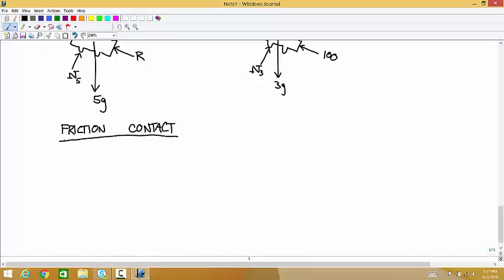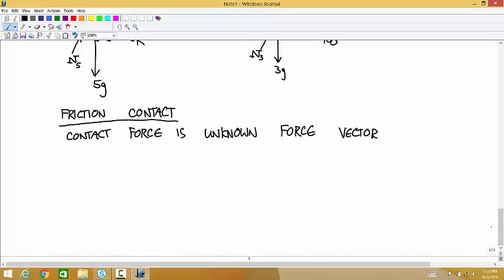We're not even going to bother with that, because it doesn't end up helping us in this class most of the time. So in this case, the contact force is just an unknown force vector. And that's all you have to do with that.